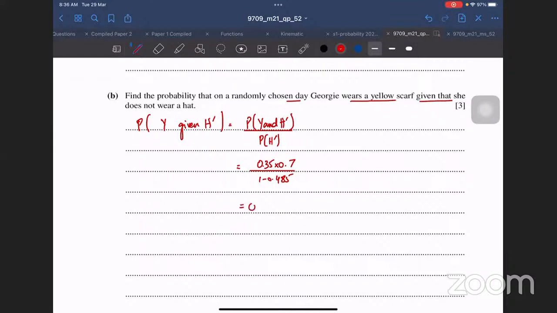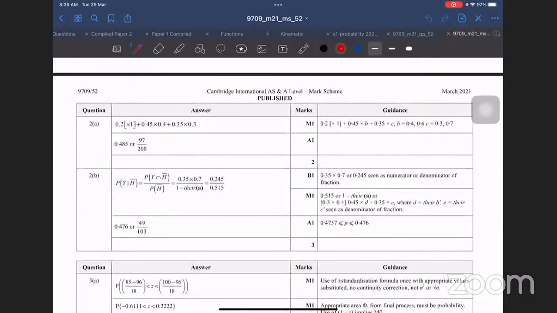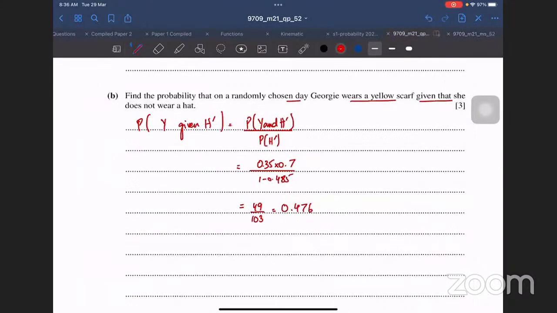That gives me 49 over 103, which is 0.476. Yes, that's the correct answer.